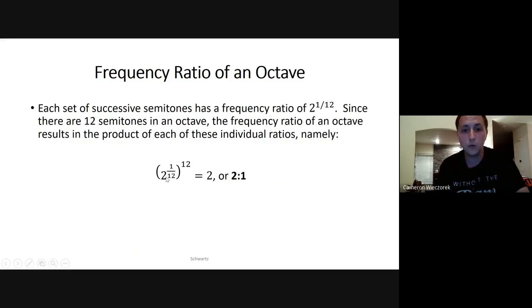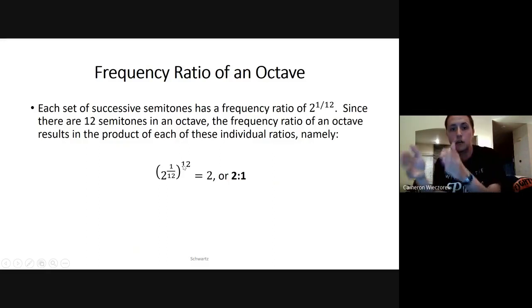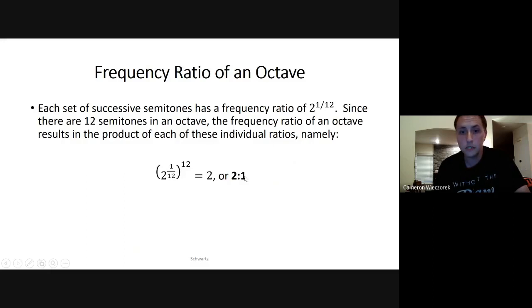So if we take 2 to the 1/12 and raise it to the power of 12, since we're going across all 12 semitones to get up to that octave, doing the math, we would be left with 2, or a 2 to 1 frequency ratio, as we saw in the just system as well. And so sometimes you still get that pure whole number ratio. It's not that you have to approximate it all the time. This is a case where it does work.